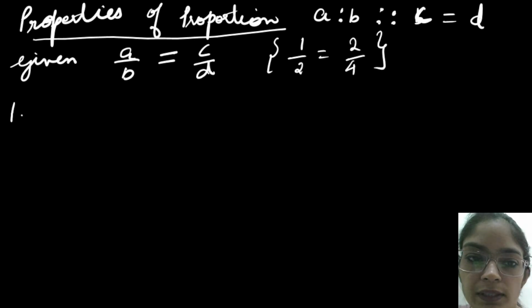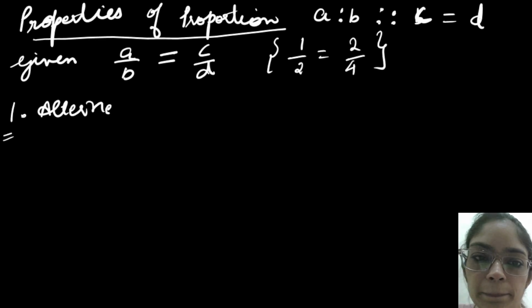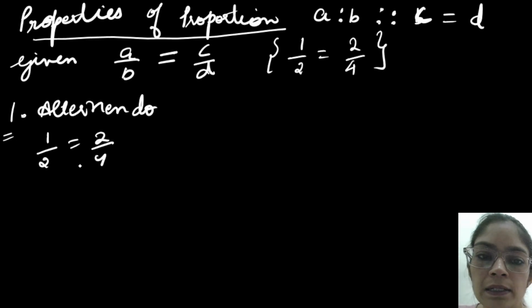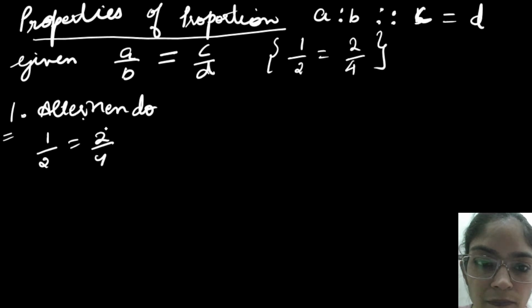So let's start. The first property of proportion is alternando. Alternando property says, if I have given you 1 by 2 is equals to 2 by 4, we will just do the alternate thing.